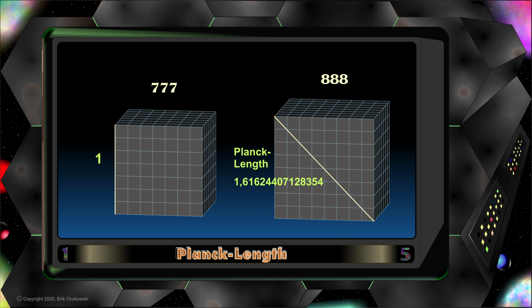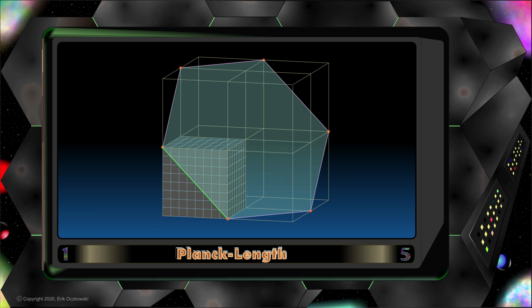And this is the way the Planck length integrates itself into the seed of life and makes curvature of space possible due to the flexible system.